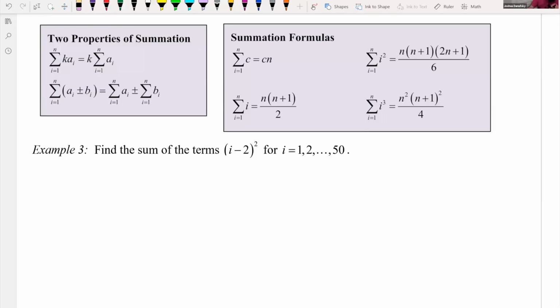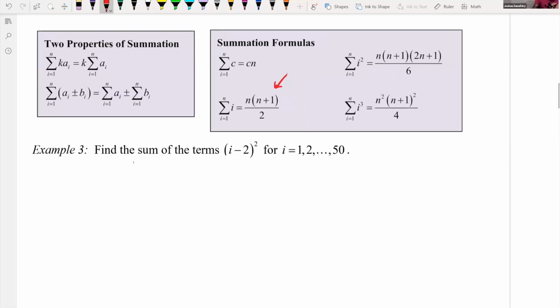Next, we have these summation formulas where we're able to add up a bunch of numbers without actually adding one by one. Okay, and so we've got the first one, right here, where we multiply the constant times n, nice and straightforward. Here we can add up the numbers 1, 2, 3, 4, 5, 6, 7, all the way up to n using this formula.